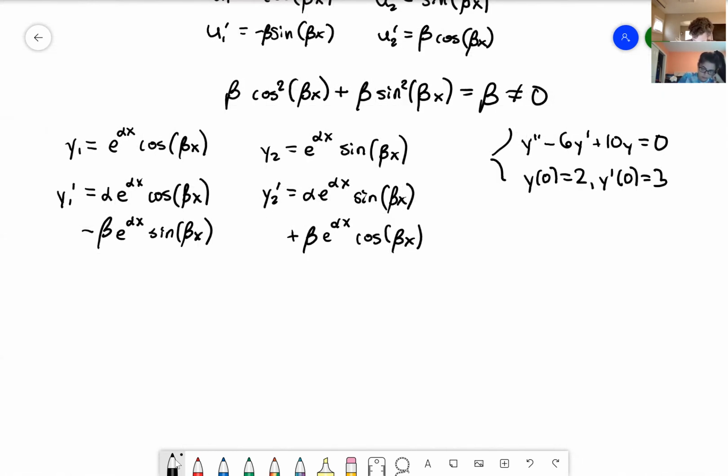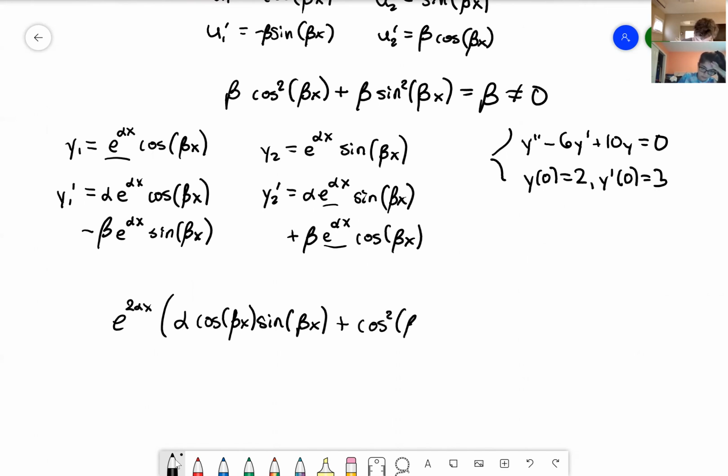And when we multiply this out, we're going to have an e to the alpha x, e to the alpha x, e to the alpha x. So we're going to get e to the 2 alpha x, and then we'll just figure out what the rest of it is. So there'll be an alpha cosine beta x sine beta x plus cosine squared beta x.